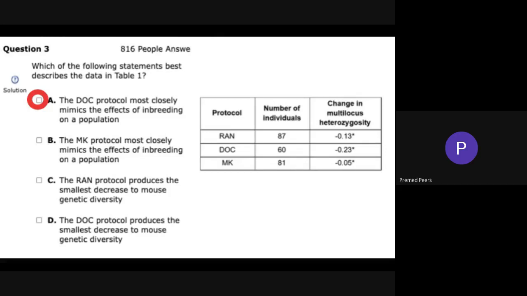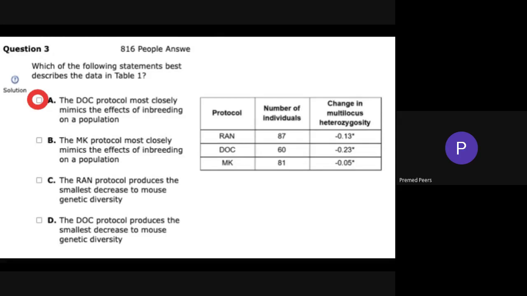Yes, perfect. And then when you have a decrease in heterozygosity, it means your population is becoming less varied. So when you have inbreeding, that same thing happens where your population gets more and more similar to each other.